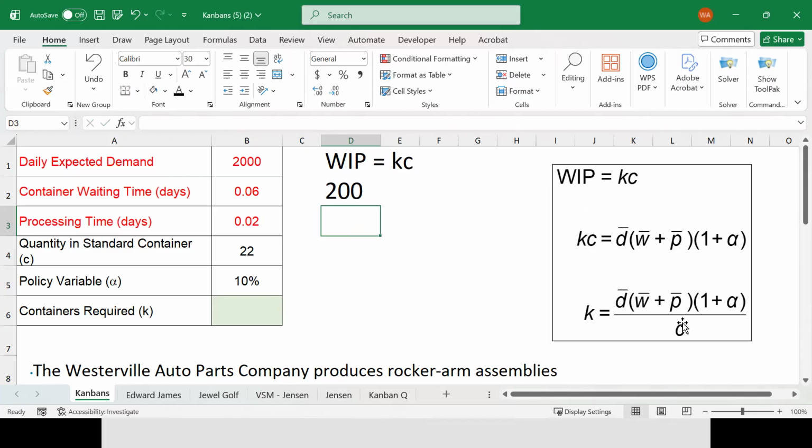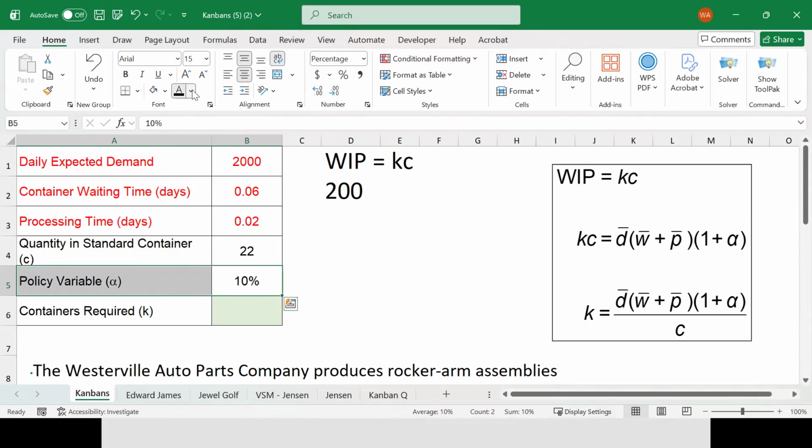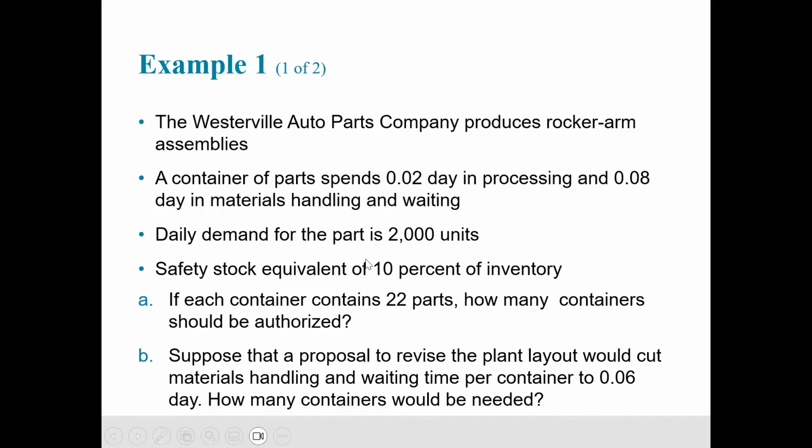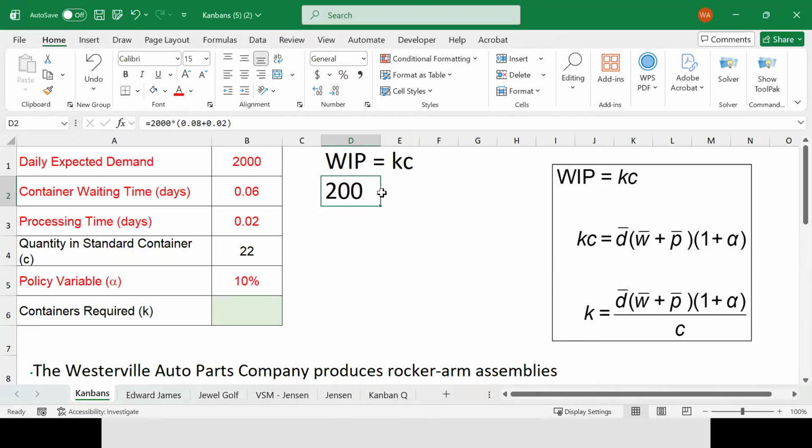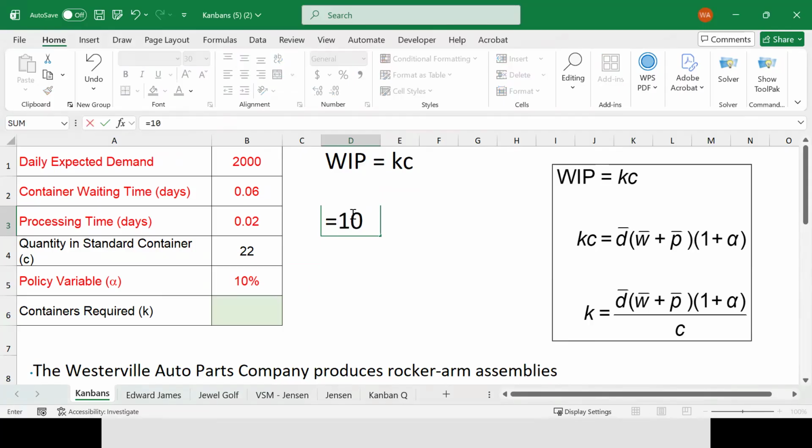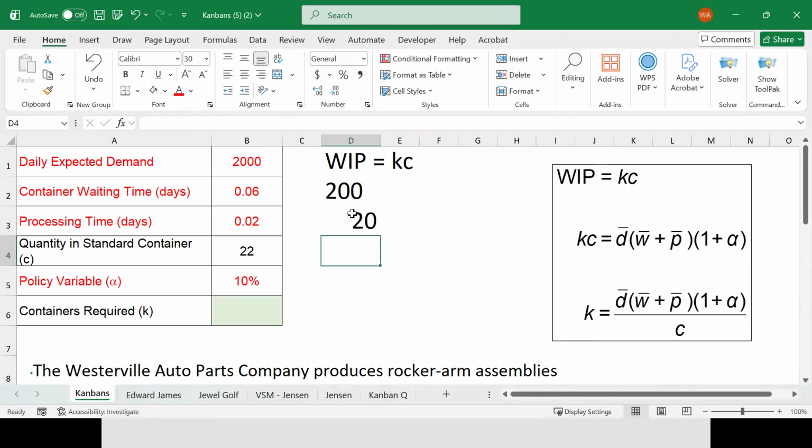In our question, we were told that safety stock is equivalent to 10% of inventory. Our work in process inventory is 200, so 10% of 200 gives us our safety stock.